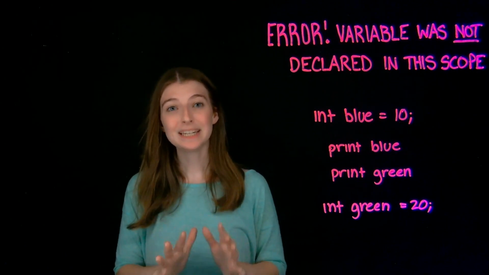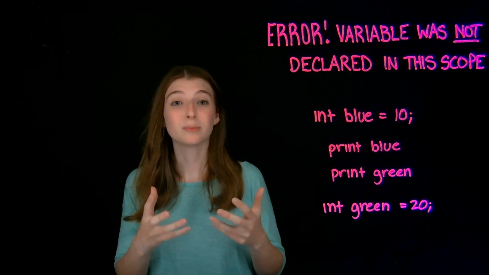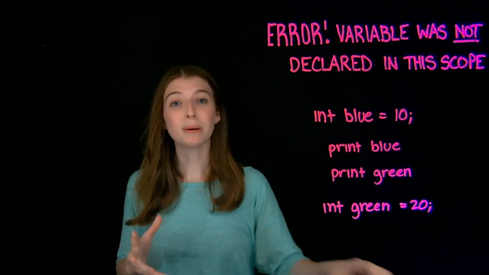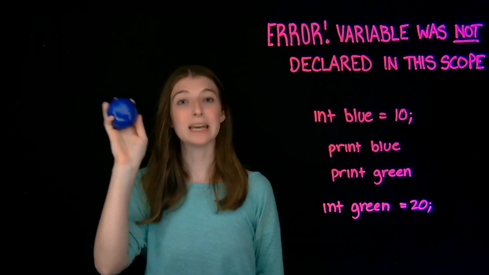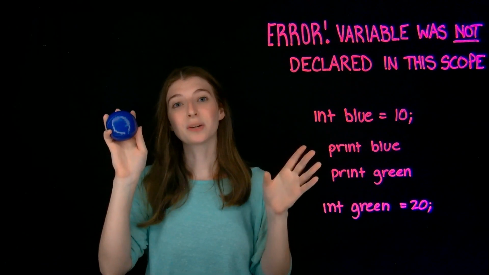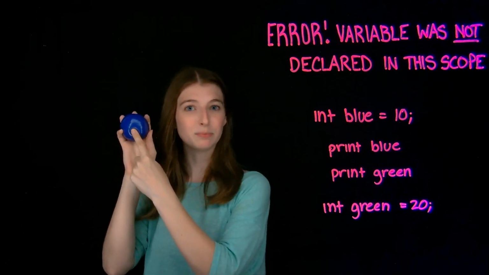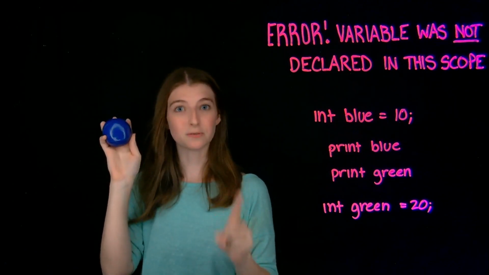So what's happening in this example is we're starting at the top and we're creating a variable called blue. So our memory says, great, I have a blue variable created in my memory. Then we get to the print line, print blue, and our computer goes, I have a blue variable in my memory. I know exactly what you're talking about. Here's the value.